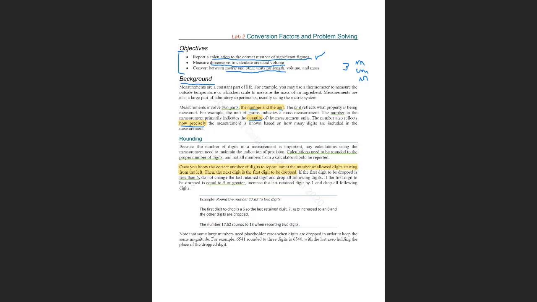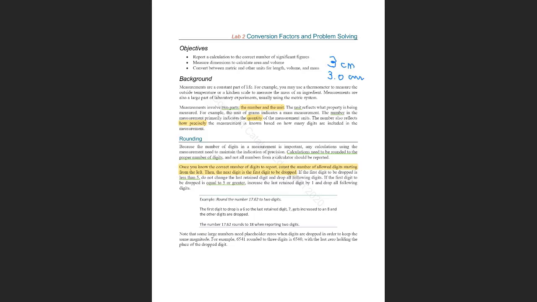If you ask me, what is the length of that book? And I tell you, for example, 3 centimeters, and another person tells me 3.0 centimeters.